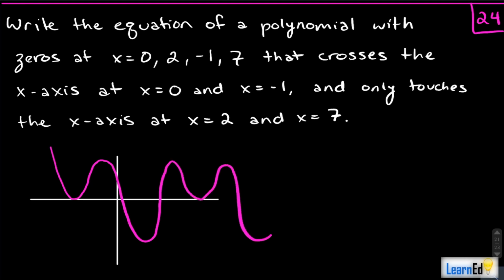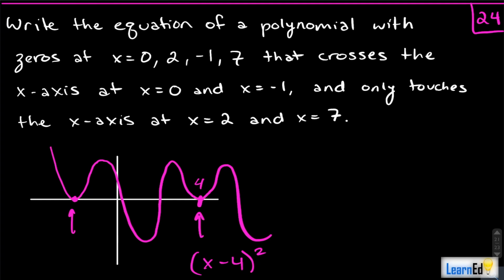Okay, so when you have these zeros where you're just touching the x-axis, you have an even multiplicity, right? And here's where multiplicity comes back into play. Let's say that this tick is at x equals 4. All right, well, since it only touches the x-axis here, it doesn't go through the x-axis, we know that we have x minus 4 quantity squared. Okay, and what's another example of this, right?